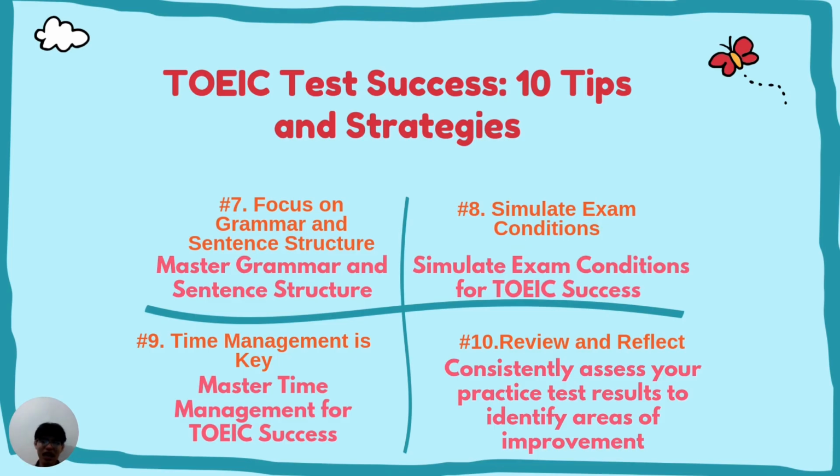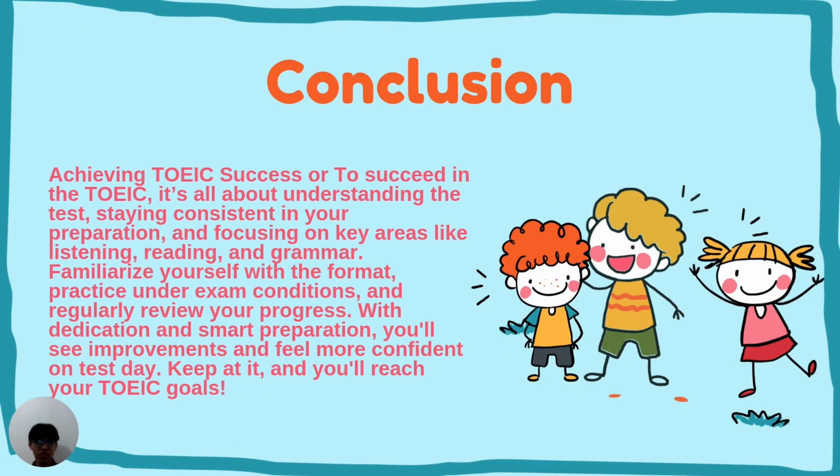So in the next slide, we're going to the conclusion. The conclusion is that achieving TOEIC success is all about understanding the test, staying consistent in your preparation, and focusing on key areas like listening, reading, and grammar.